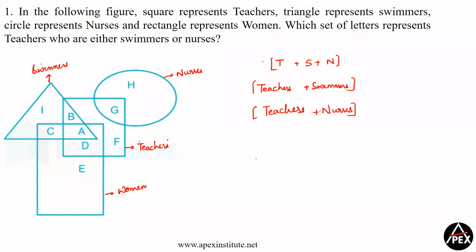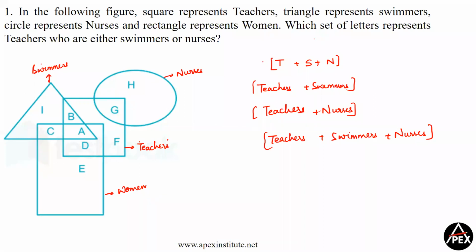Teachers and swimmers, teachers and nurses. Now, can't we have teachers, swimmers, and nurses as well? Can't we have this? So who said but not both?